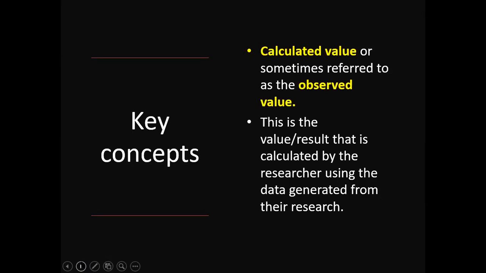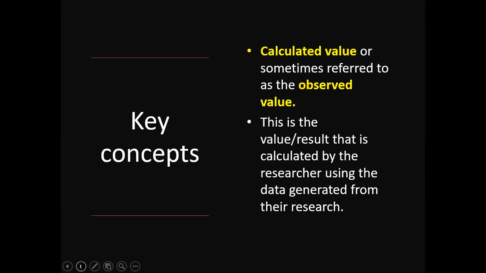So, for example, you've done your piece of research, you've calculated all the data, and you get a final result. That is the calculated value or the observed value. It's the value from your calculations that you have generated from your research.